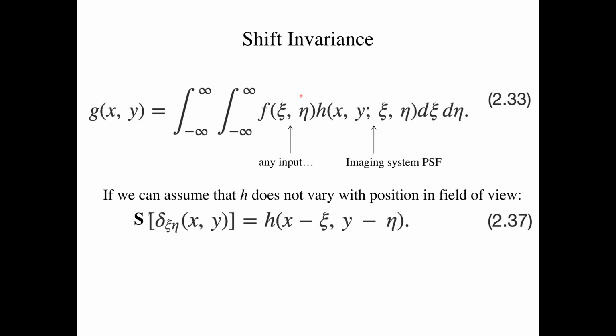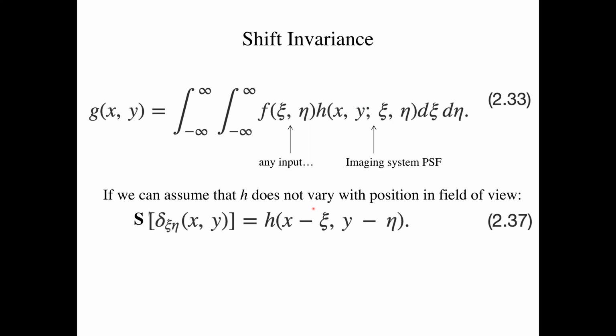So if I have some input, again, you can go back to the textbook. These equations are straight out of the book in this section. I have my object input as such. I convolve it with the point spread function of the imaging system.